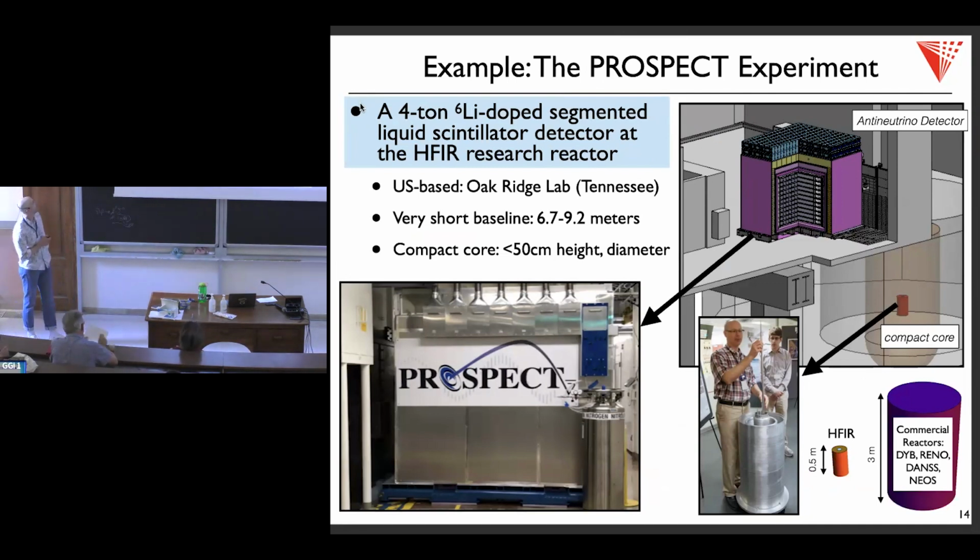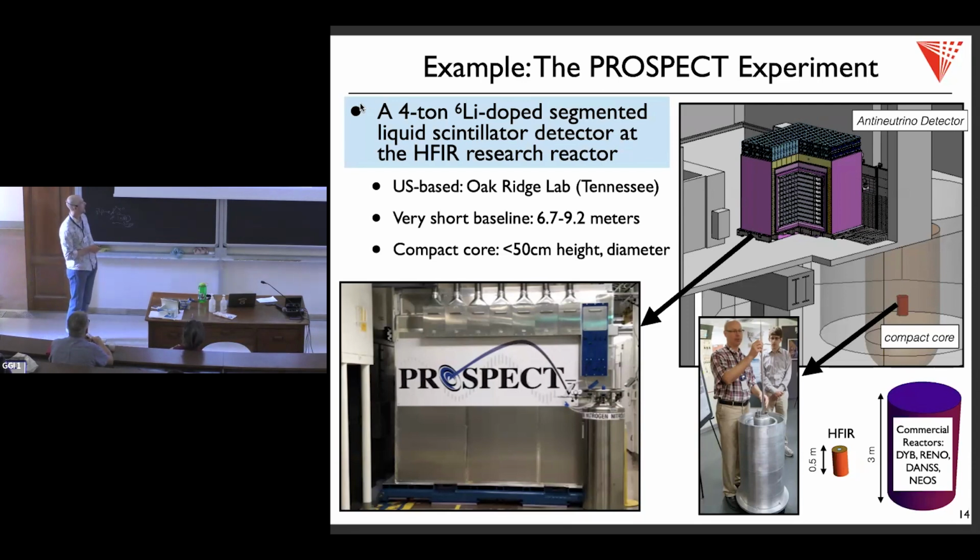This is a doped, segmented liquid scintillator detector at the HFIR research reactor. It's a small detector, so the neutrino standards are small. And here's just a mock-up. This reactor itself is very small, which gives oscillation wavelengths for these sterile neutrinos on the order of a meter for this type of source.